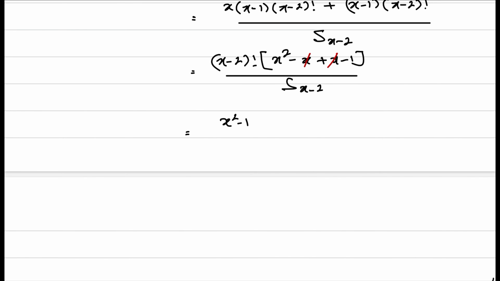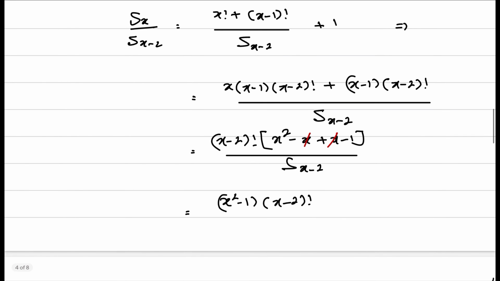X square minus 1 into factorial x minus 2. This again we have to put a plus 1 here, plus 1 here, plus 1 by Sx minus 2. We are only rearranging the values.